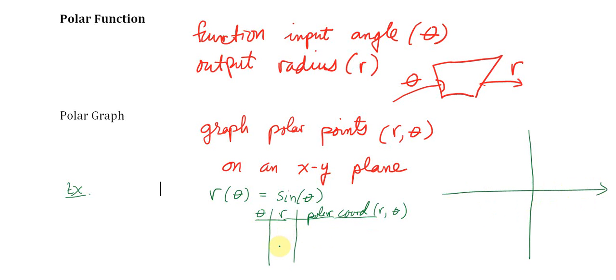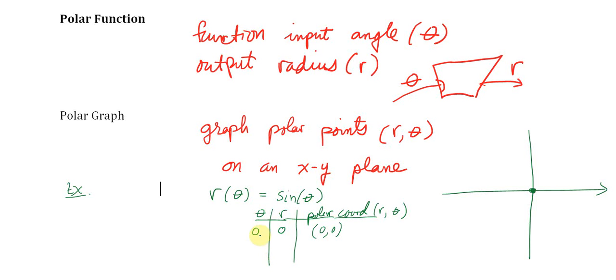Let's say that theta is equal to 0. That means if we plug 0 in for sine, we will also get 0, and our polar coordinate is (0, 0). So when we plot this, it's just going to be the dot at the origin, or the pole.